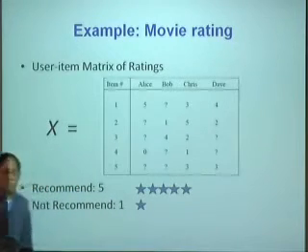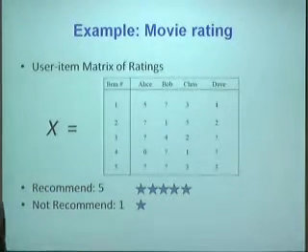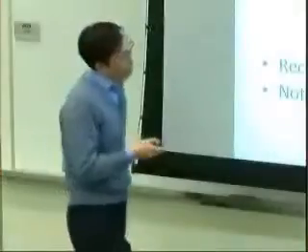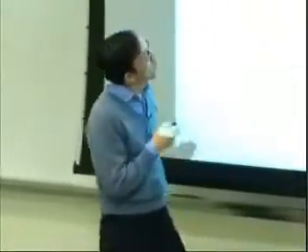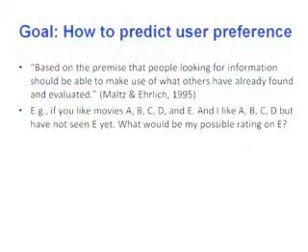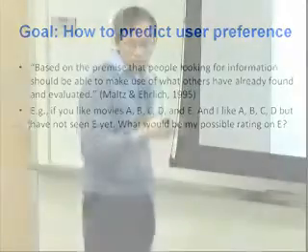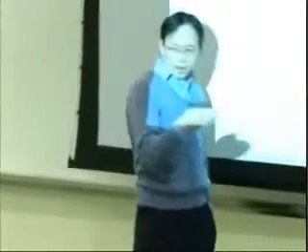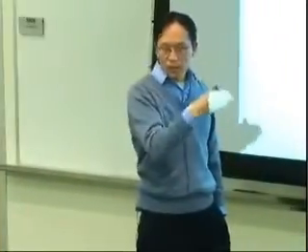So it's a non-negative matrix factorization. The prediction task is basically filling in the missing elements, predicting the user's preference based on how other users rate the movies or books.